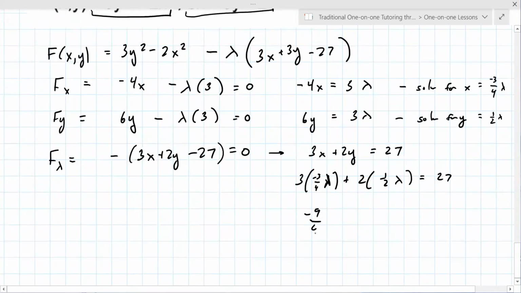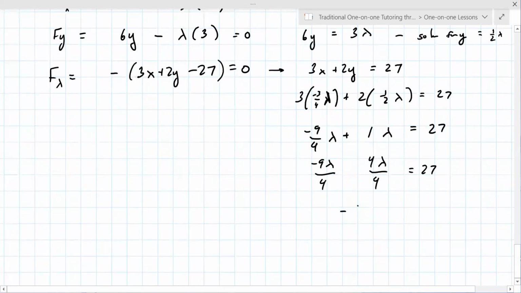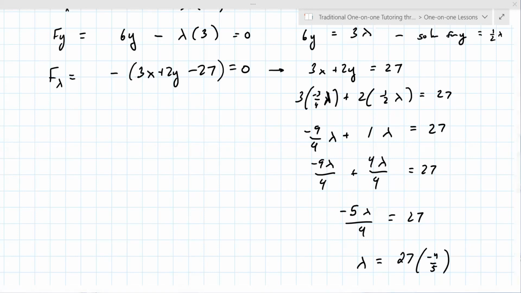That becomes 4 lambda over 4 when you make a common denominator. Hopefully this works out nice. So lambda equals 27 times minus 4/5. And that's not really all that important. What's important is the value you get when you throw them back in for x and y.